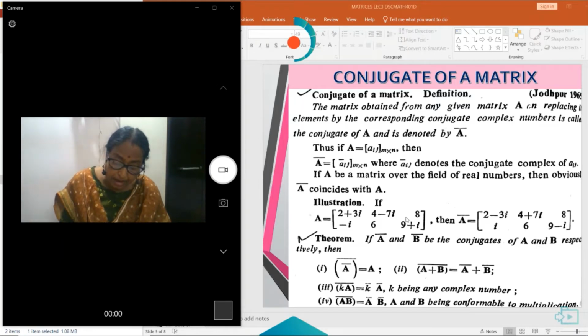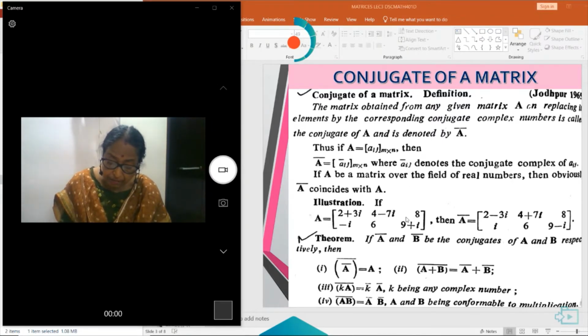Next, if A bar and B bar are the conjugates of A and B respectively, then show that the conjugate of A bar is equal to A, and the conjugate of A plus B is equal to A bar plus B bar.